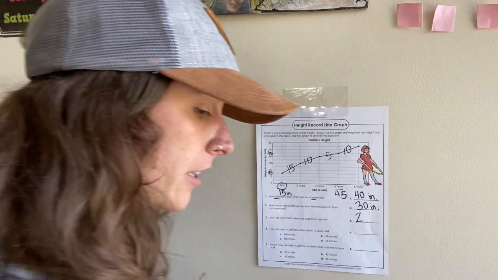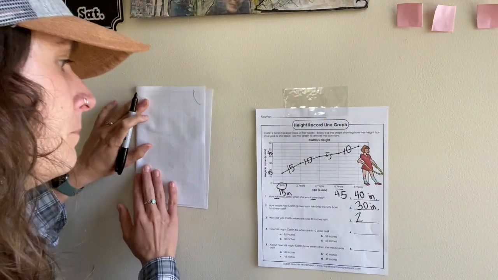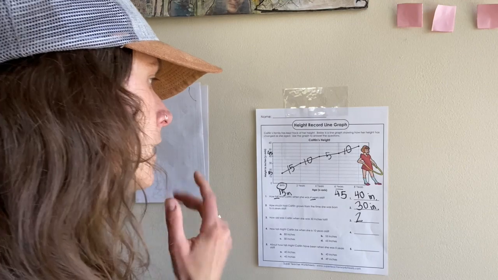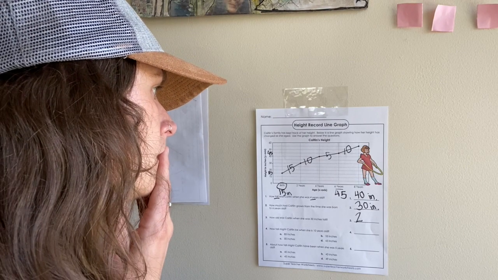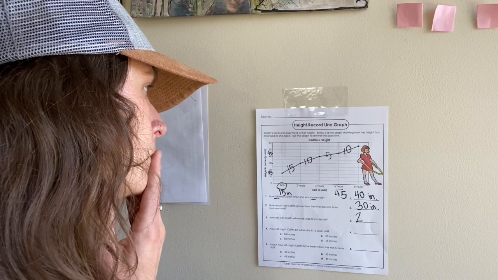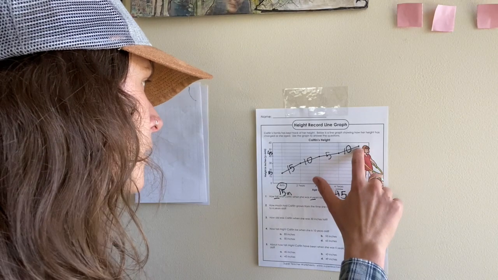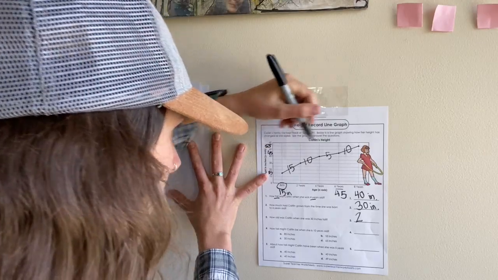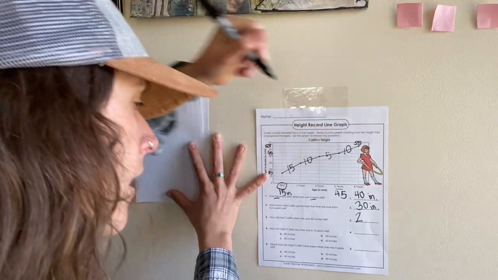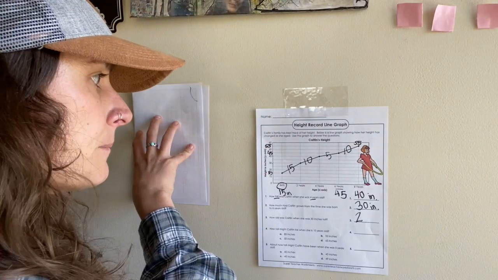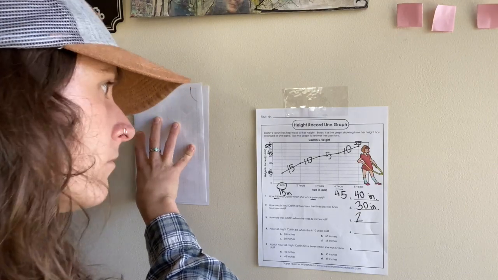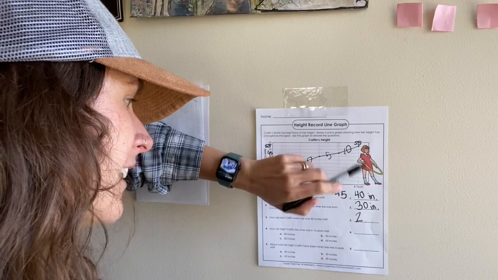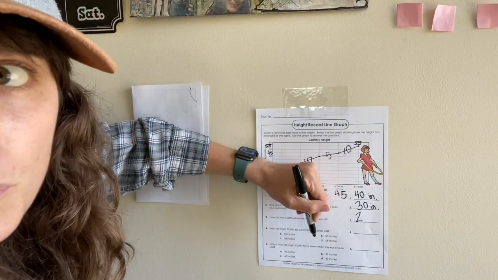So let's take a look here. Let's get our scrap piece of paper out again. At this point, she is 55 at the very end. So we know that when she's 8, she's 55 inches, and she's probably going to keep growing.